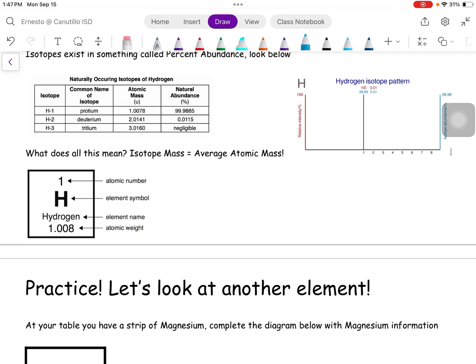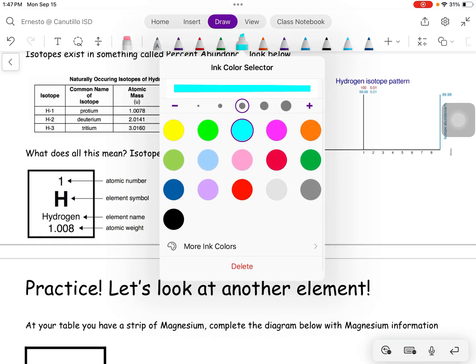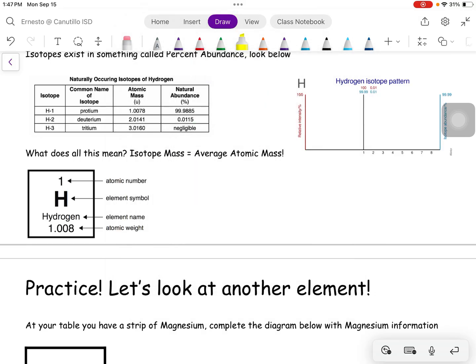Since each one differs in the number of neutrons, the atomic mass changes as a reflection of adding more neutrons to the nucleus. For example, the atomic mass of hydrogen 1 is 1.0078, hydrogen 2 is 2.0141, and hydrogen 3 is 3.0160. Those masses are a reflection of the amount of particles in the nucleus.